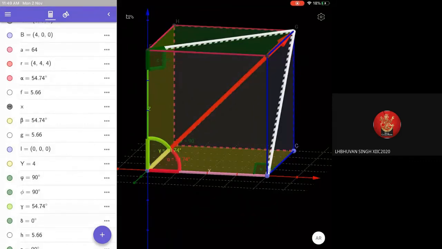Adjacent side by hypotenuse. Hypotenuse is of length r units. Adjacent side is x units. So cos alpha is x by r. Please visualize it. If you don't understand, you ask me. जिसको समझ में नहीं आया है, please tell me or ask me. x is the x coordinate of the point G. Okay.